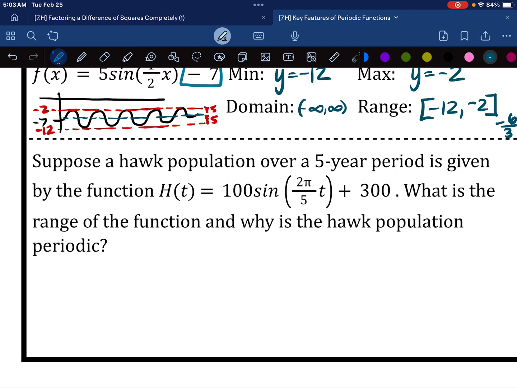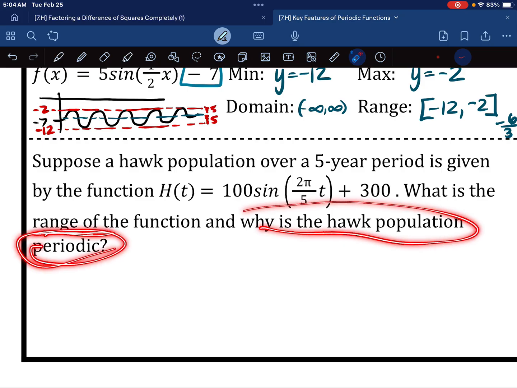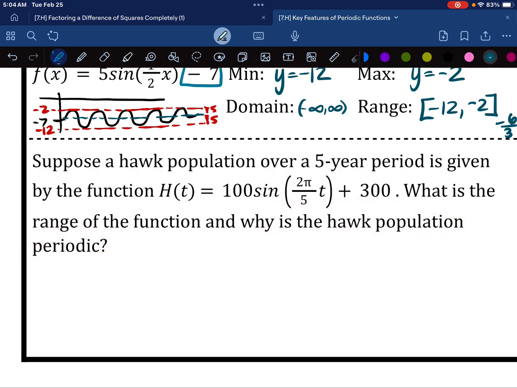So we have a hawk population over a 5-year period, and they give us this function. They want us to figure out the range, and they want us to know why it's periodic. Okay, so I'm just going to do this kind of same process. Okay, now this one goes up 300, right? So that's the change in your midline.